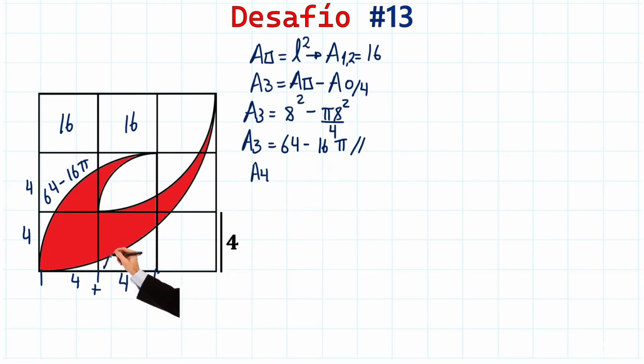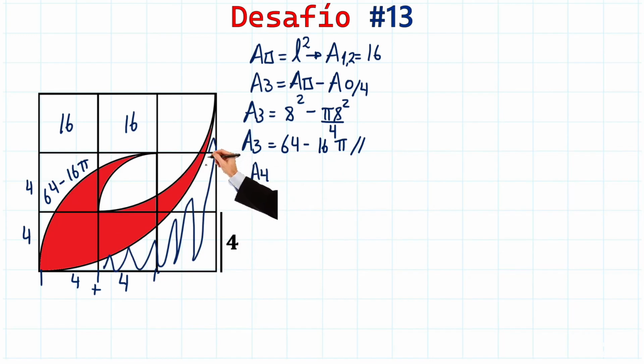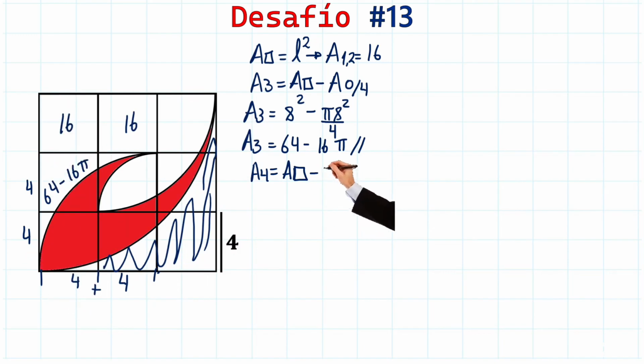So area 4 is going to be this empty area here. It is the area of the whole big square minus the area of this quarter circle we have here. Let's write it down. Once again, we have pi times radius squared over 4, and since it is the area of a square, we have side squared. The side of the square is all of this from here to here: 4 plus 4 plus 4 gives us 12.